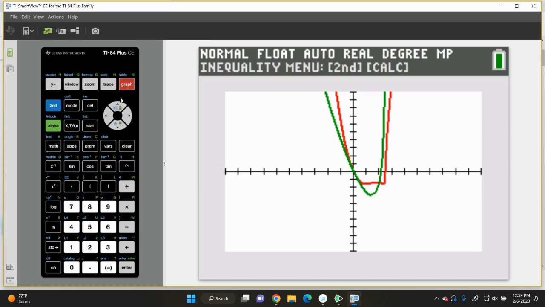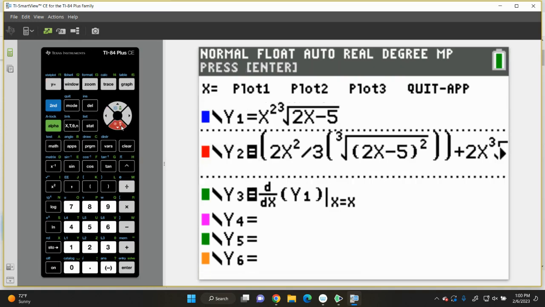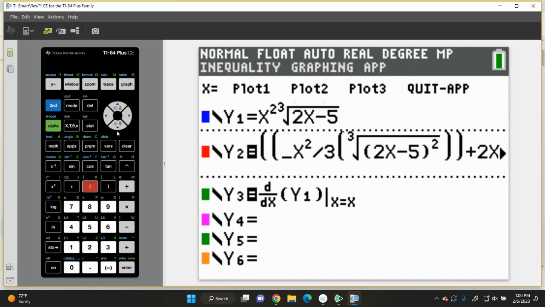And I made a mistake, right? So here's what I think I did before I abandon it. I think I need to put that 2x squared in parentheses. All right, insert parenthesis. It might be dividing it by 3 and then multiplying it by the bottom too.